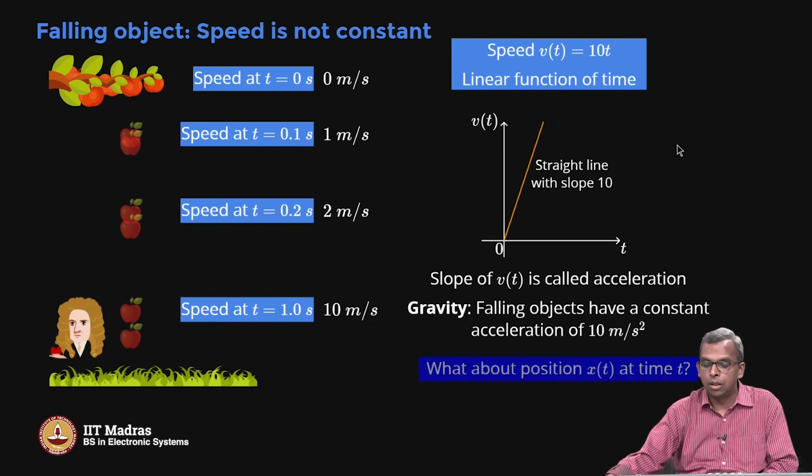Now in this case, what do you do for distance? What do you do for position x of t at time t? I'm going to walk you through how this is done very slowly, very methodically, taking our time, so that you understand the concept of integration before we jump into the methods. So let's look at this question here. When you have speed increasing with time like this, how do you think of position?